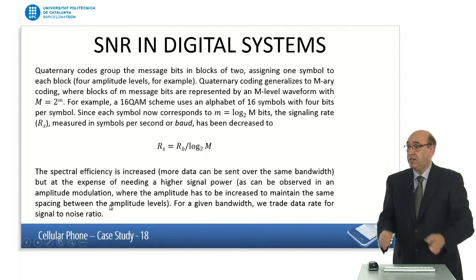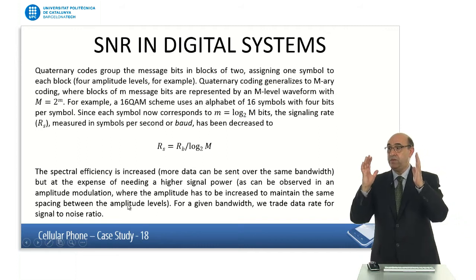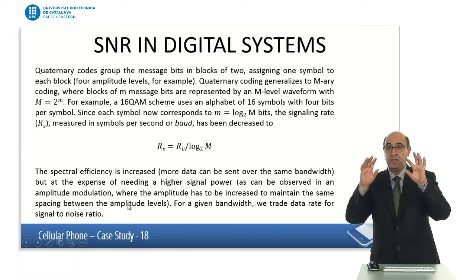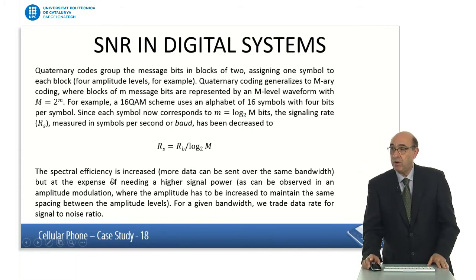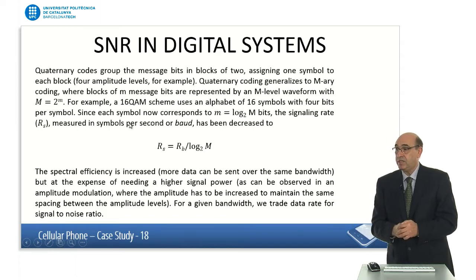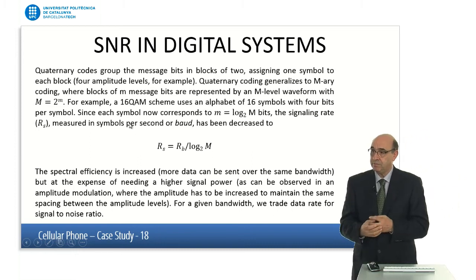And you could generalize this to M-ary codes, where you take blocks of M messages and you represent them by a waveform, if you want, by a letter of an alphabet, that is related by a power of 2. For example, in a 16 QAM scheme, we use 16 symbols, and we could represent 4 bits per symbol. We are going to see some examples later.